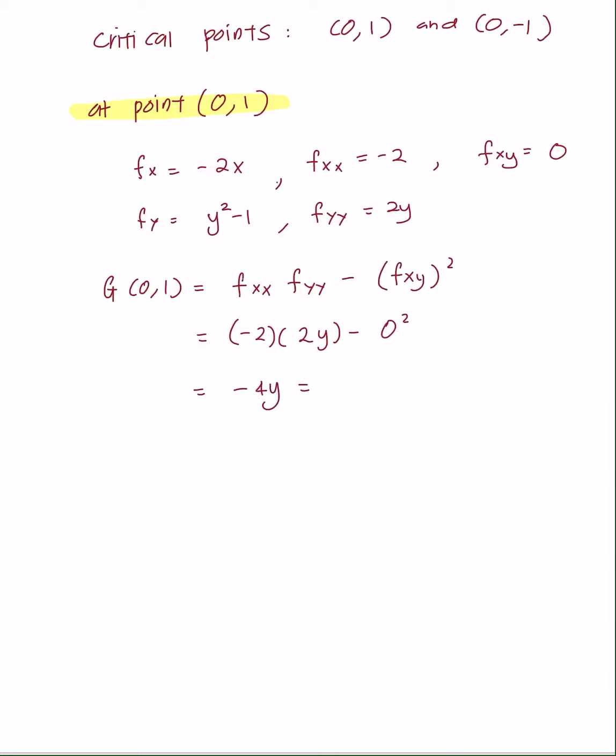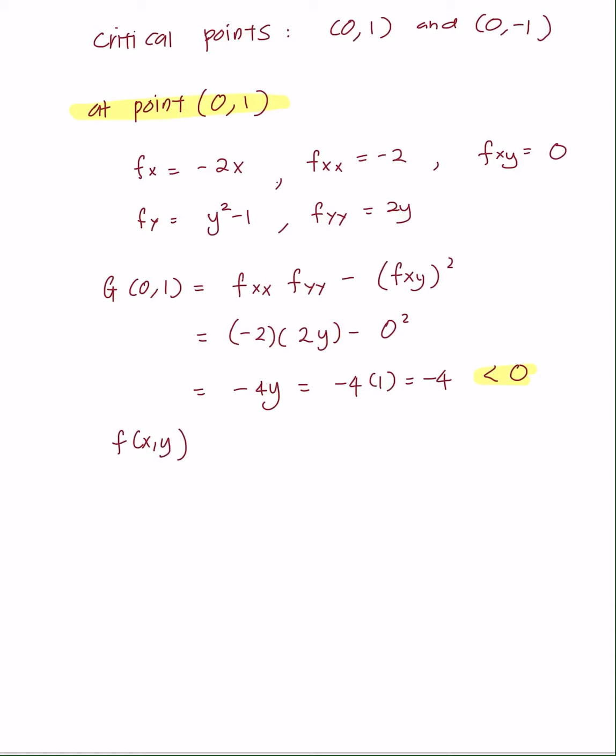We just substitute (0, 1), so it will be minus 4, which is less than 0. So if less than 0, it means that (0, 1) is a saddle point.